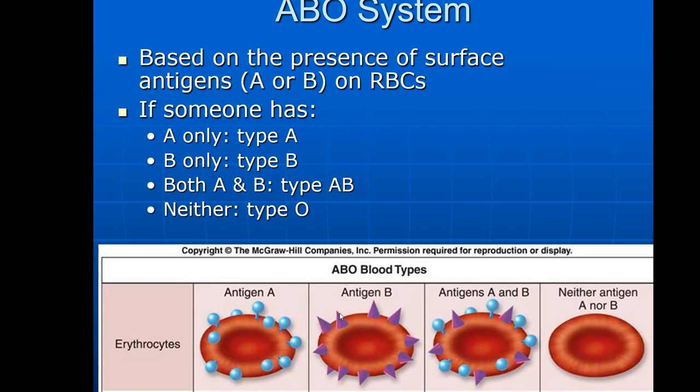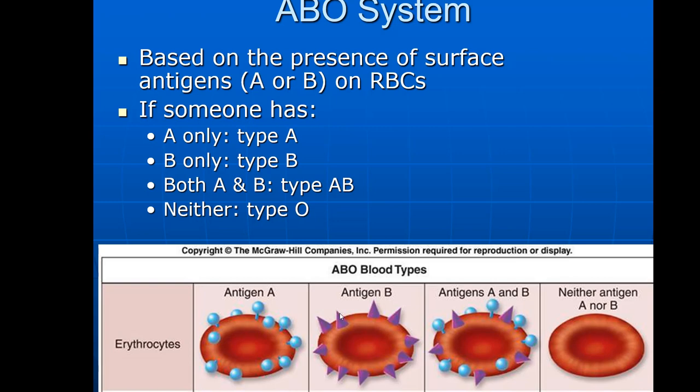Now, the confusing part is when you start talking about antibodies. Just keep in mind, the antigens we're talking about are on the surface of the red blood cell. Antibodies can be specific for a given antigen. Long story short, if an antigen is specific for an antibody and they come into contact with each other, they're going to bind to each other, and something called agglutination happens in the blood.